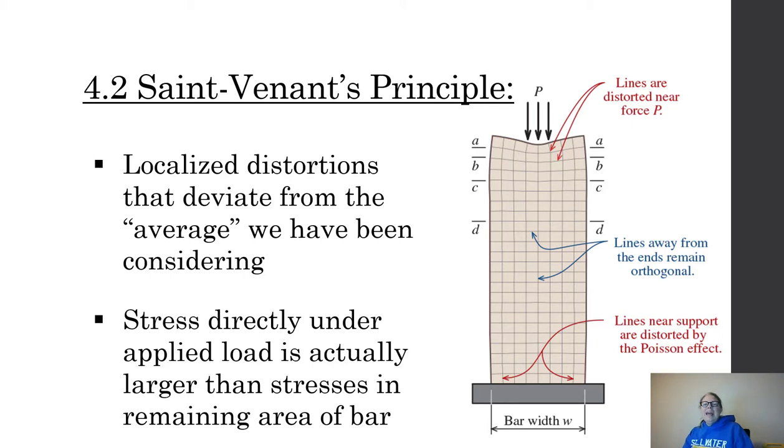And it's not truly average in those points, but that's okay. So the stress directly under the applied load is going to be larger than the rest of that specimen, the rest of that beam, the rest of that column. But we just kind of assume this average P over A.